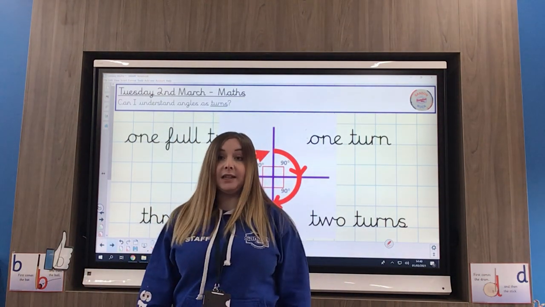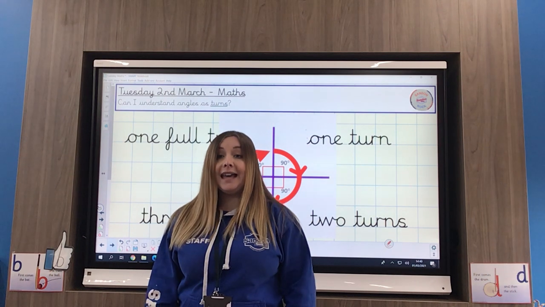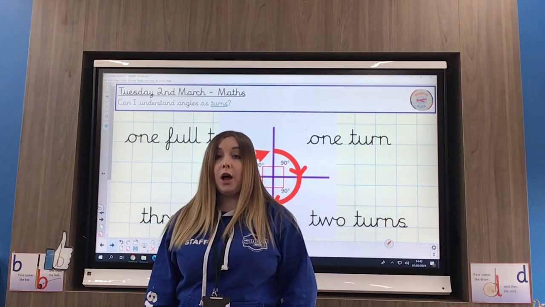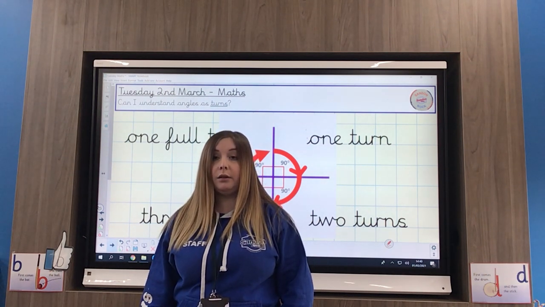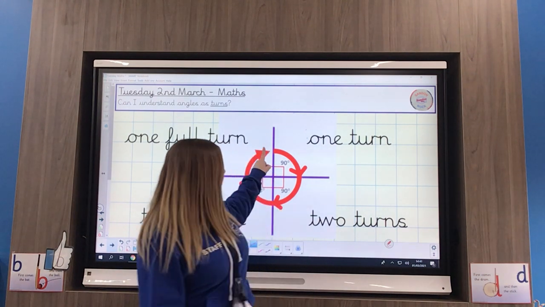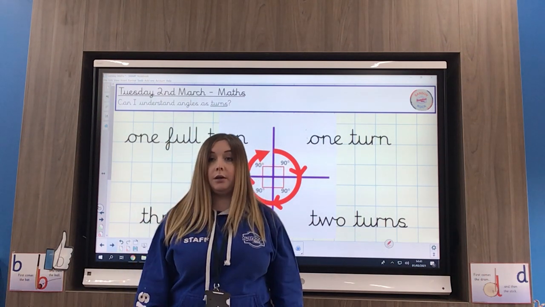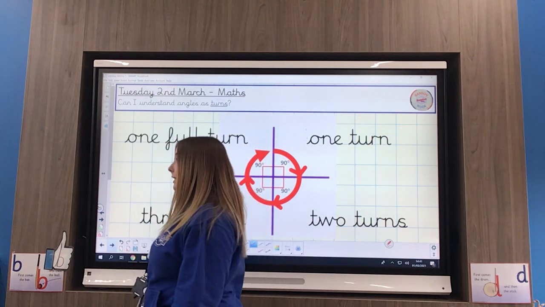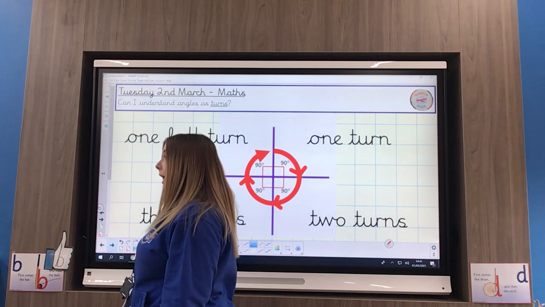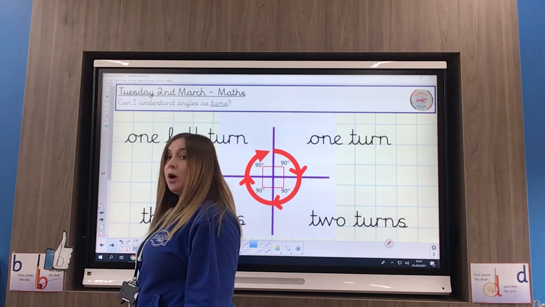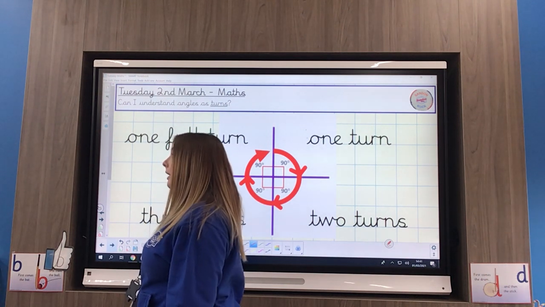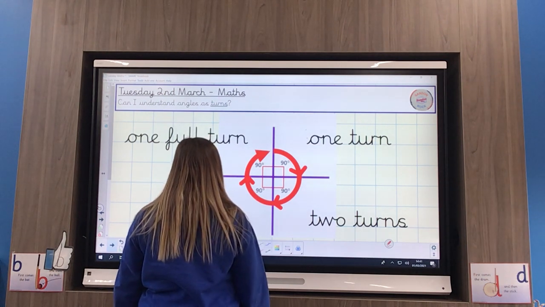So if I'm facing you and I turn one right angle, 90 degrees, have a look, I'm going to turn a quarter. So I'd be facing this way. Then if I was to turn a quarter again, I'd face this way.